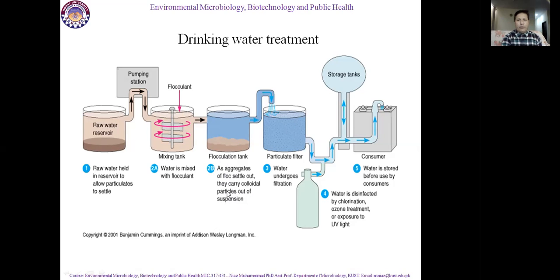Again, we transfer the supernatant surface water into another tank. Now, what is the problem? Insoluble material has been removed, soluble material has been converted into insoluble form and removed by settling techniques, and again we have converted the water into another form.